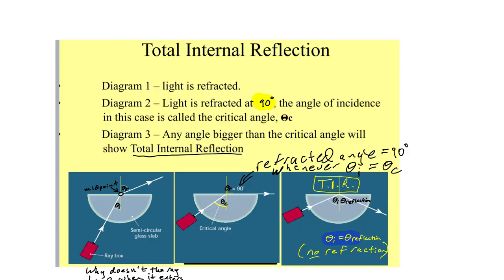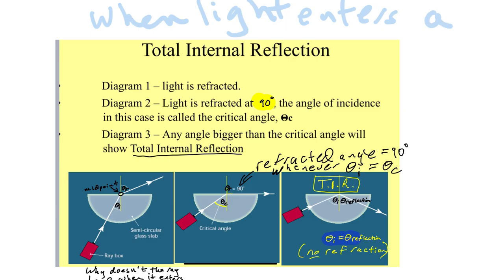So we have a special case that happens when light enters a lower n medium.